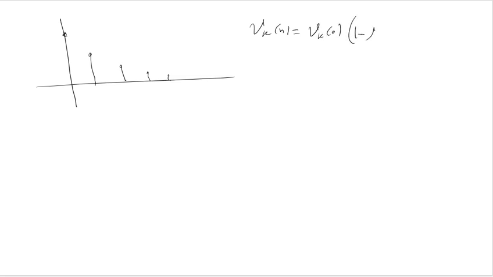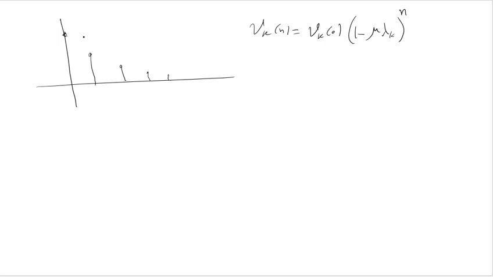And finally, if I want to discuss the speed and the convergence rate, we have this curve. Actually, it's Vkn equals Vk0 times 1 minus mu lambda k to the power of n.